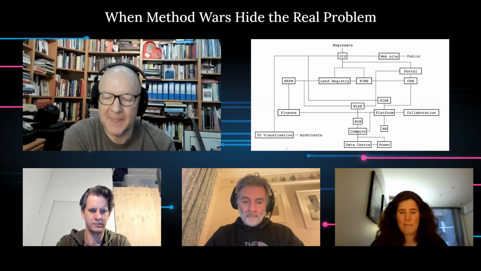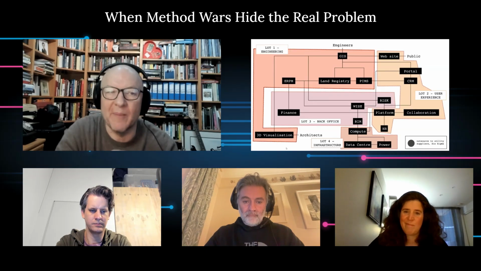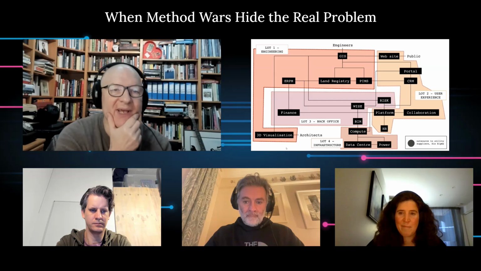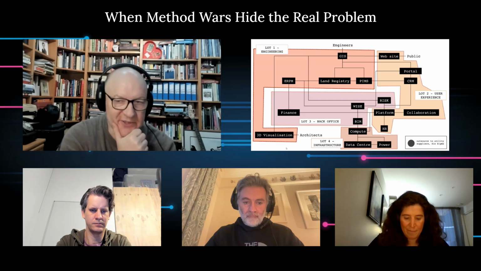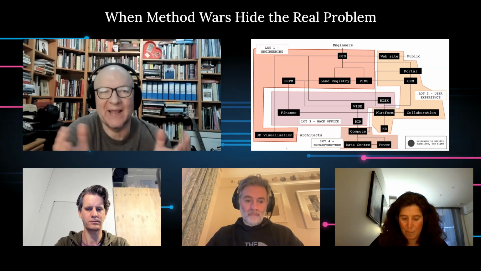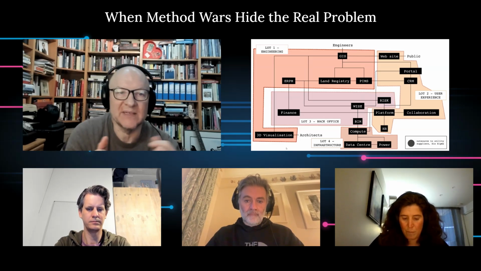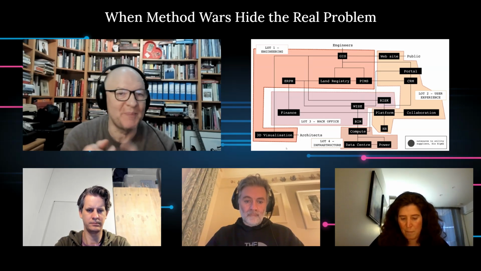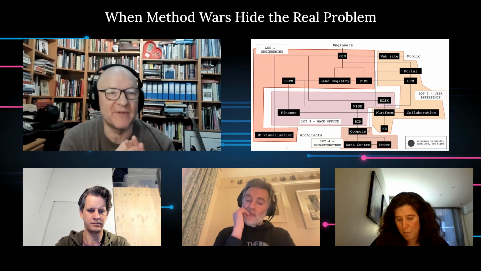Now, the typical way we'd go about doing this is with contract structures, and this was back in 2012. You normally clip together various components which had a common domain. Some of them would be engineering, some of them would be back office, some of them would be infrastructure.